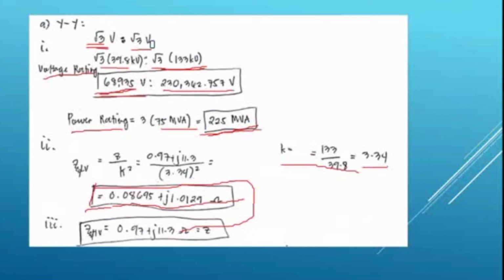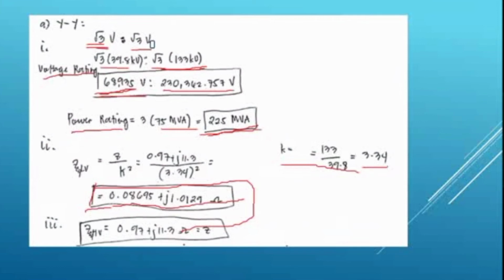Now for the equivalent impedance referred to the high voltage terminals, we have 133 kilovolts. So our Z equivalent is just equal to 0.97 plus j11.3.